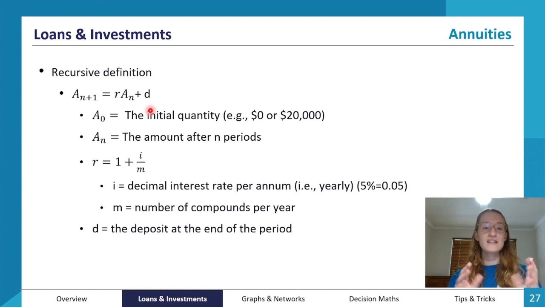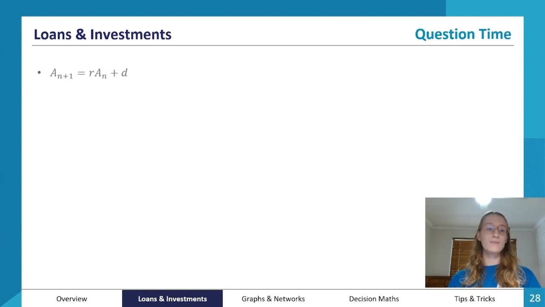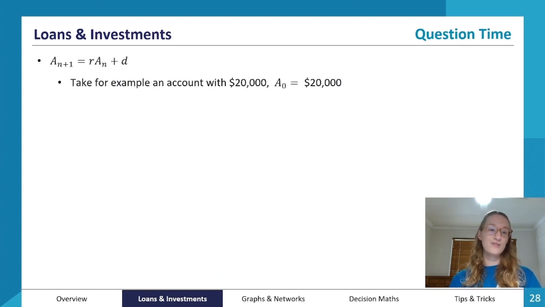Interest is literally being added to their bank account because they've got their money in that account. So that's why an annuity is going to grow, because we get interest paid on the money in that account, and also we're going to add to that account regularly. And A0, An, R are all defined the same here as what we've talked about before. So let's look at an example, do a question.